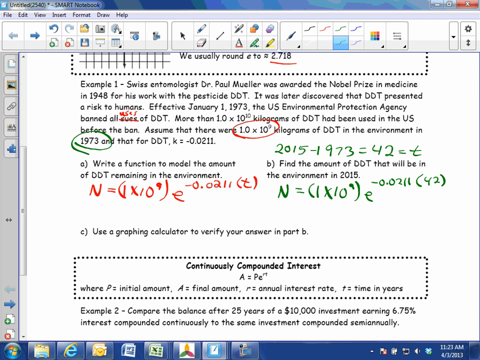So then all we have to do is plug it into our calculators to figure out what N is. Be very, very careful when you're plugging in the exponent; I put it in parentheses just to make sure you're getting the whole t.